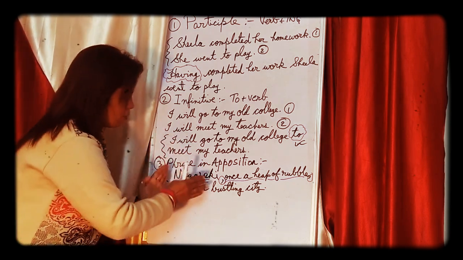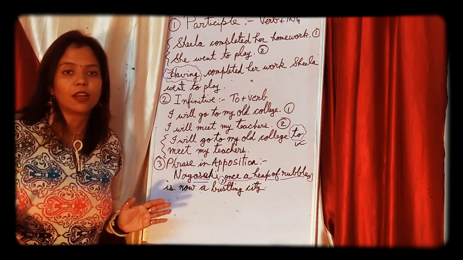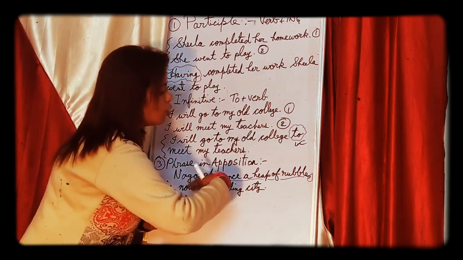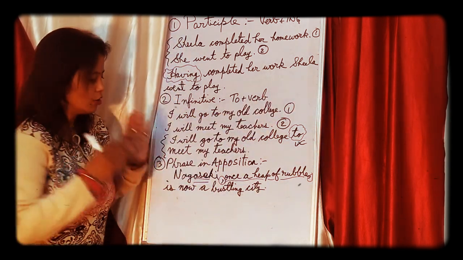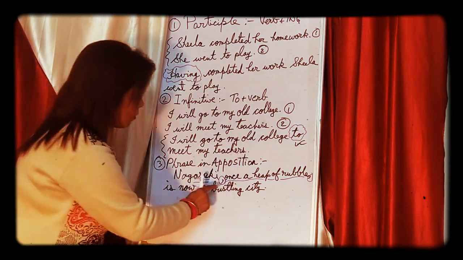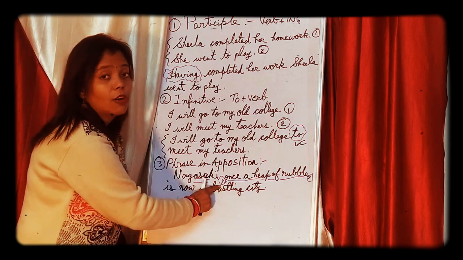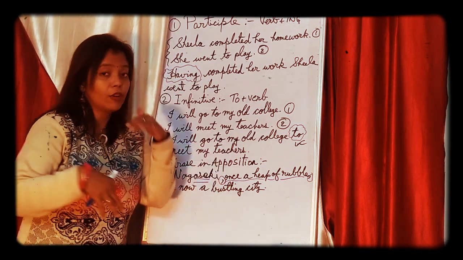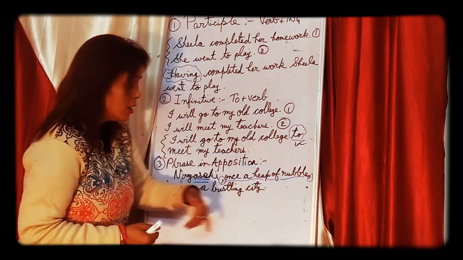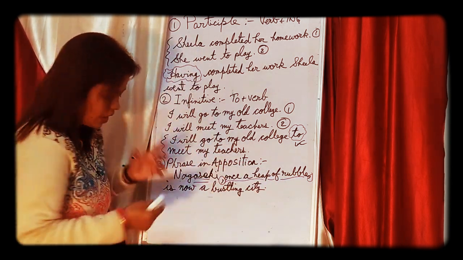That means I am describing the city Nagasaki, and I am describing it as once a heap of rubble. And when I am describing that noun, children, please remember to put this punctuation mark of comma. And when you have already described that noun, after that also we need to put a comma. And then the sentence continues as it is.